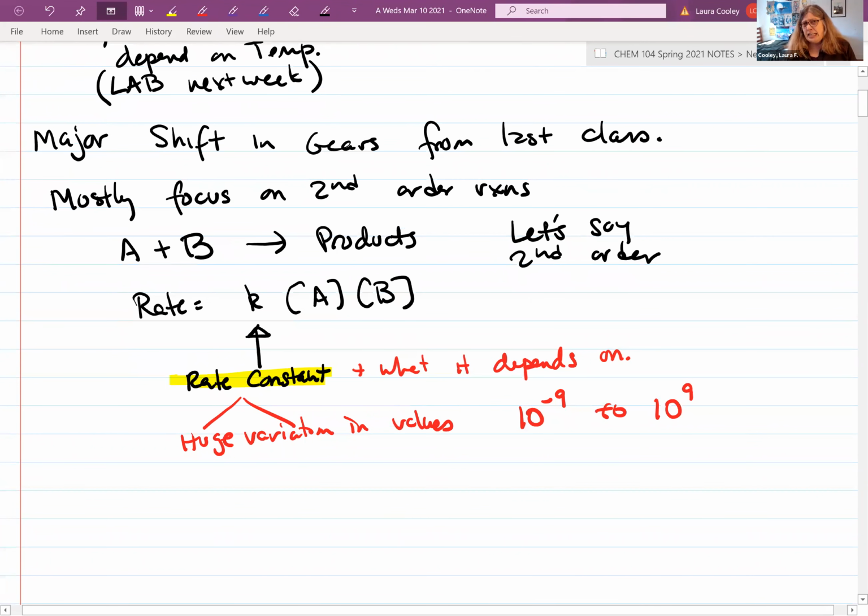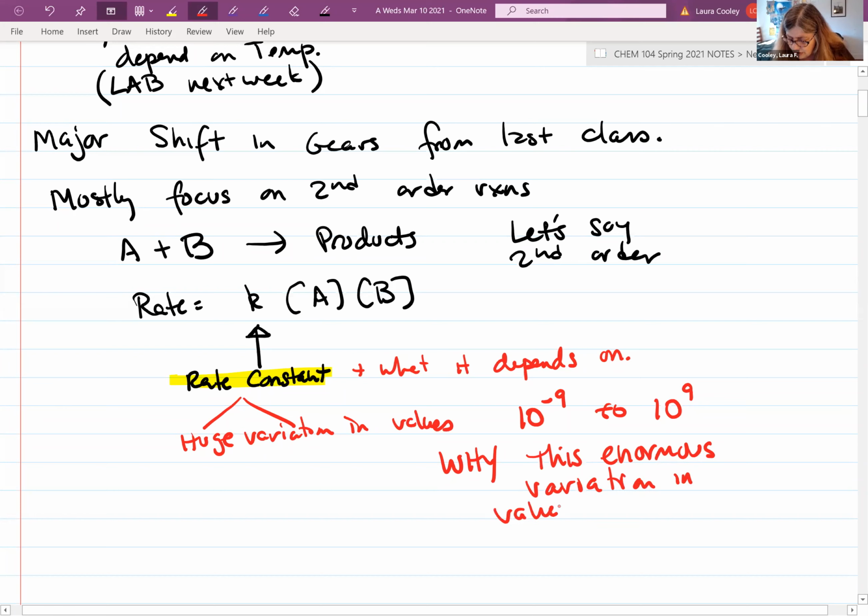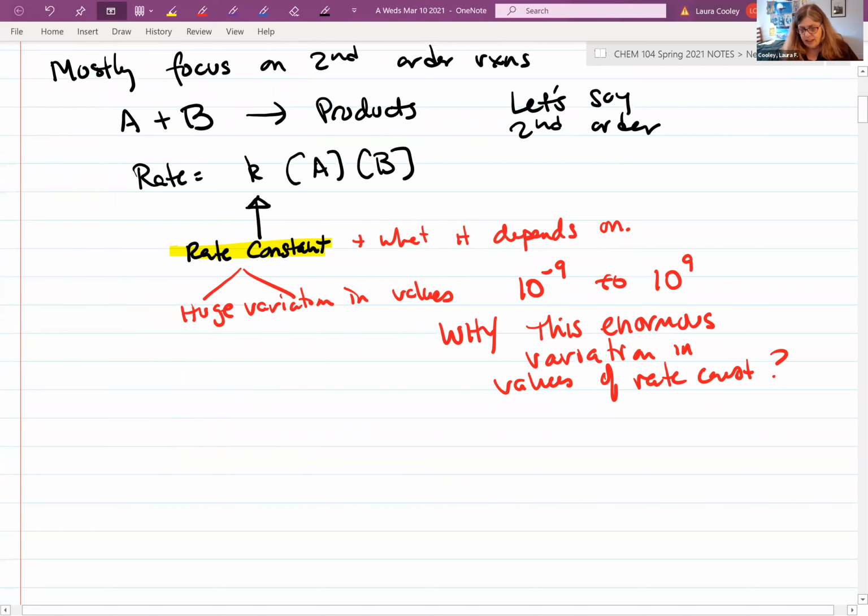That's 18 factors of 10 in variation in what this k can be. So the question is, why is there this absolutely enormous variation in the values of the rate constant? And that's what we're looking at today.